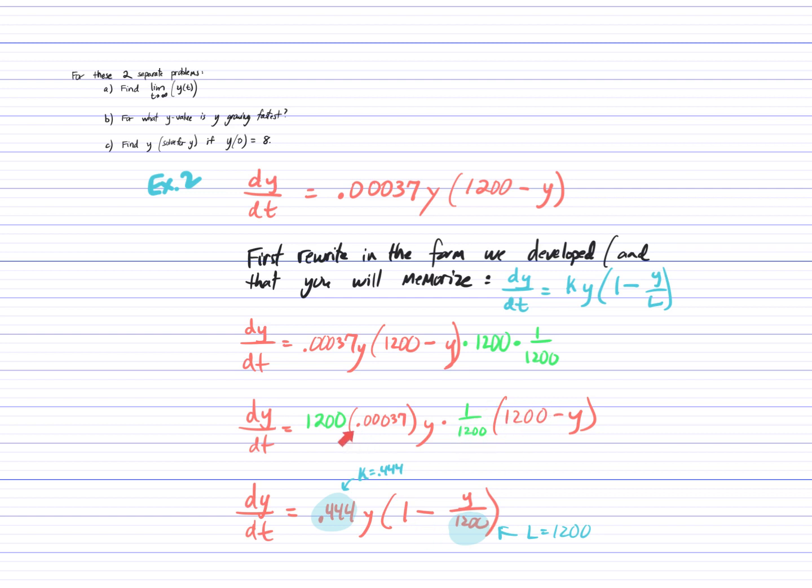And in front, 1200 times this is 0.444. So now it's in the form that we've developed. We know what the k value is. We know that this is the maximum. And yes, this will always be the maximum when it's written in this form, 1200, but it's not clear what the k value is. So now it is, and now we can do all these questions really quickly and easily.